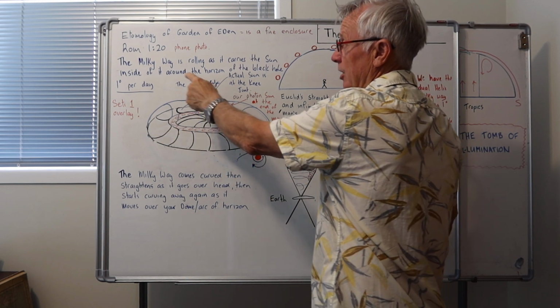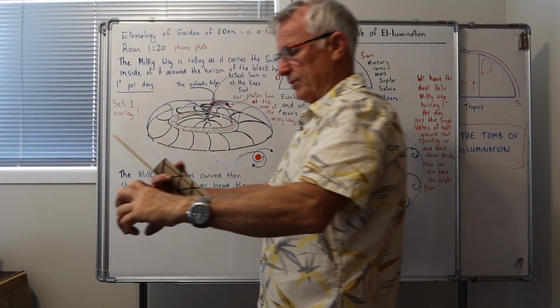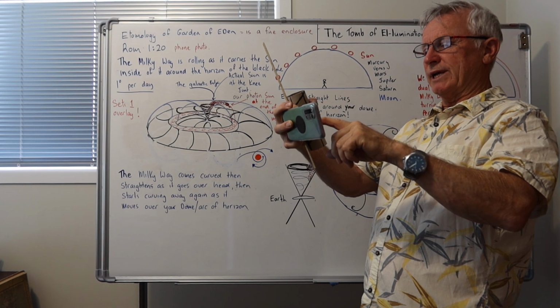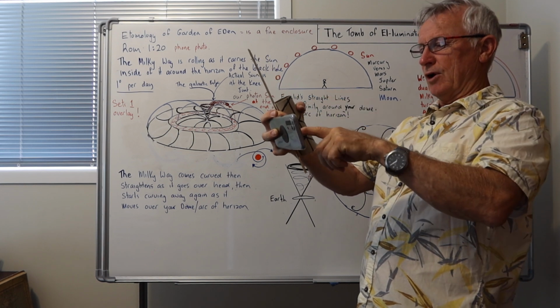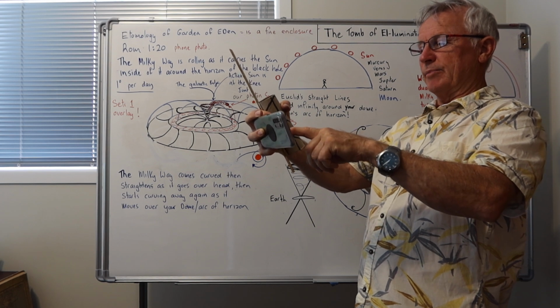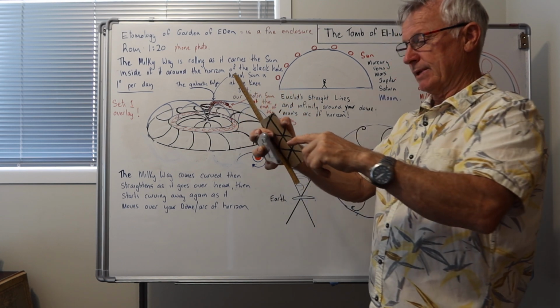So you go back to Romans 1:20. What's it got here? For the invisible things of him from the creation of the world are clearly seen, being understood. So they're visible, but clearly seen out in our realm.